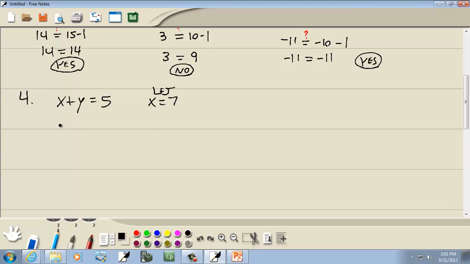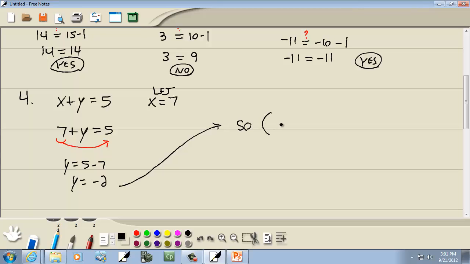So we're going to plug 7 in for the x. So we have 7 plus y is equal to 5, and then we want to solve for y. So I'll take 7 over to the right side. Remember, anything you take across the equals sign changes sign. So we get y is equal to 5 minus 7, or y is equal to negative 2.